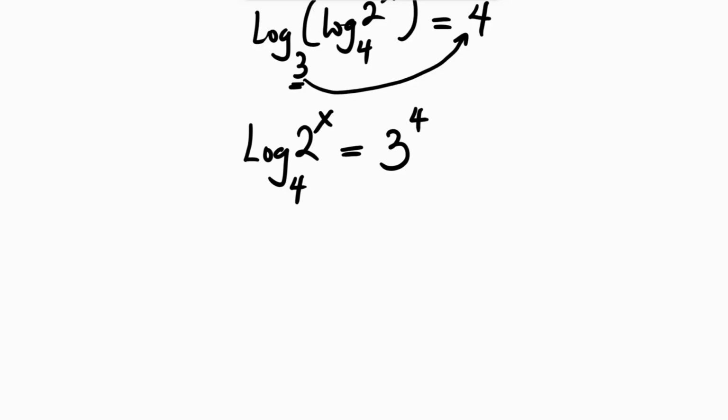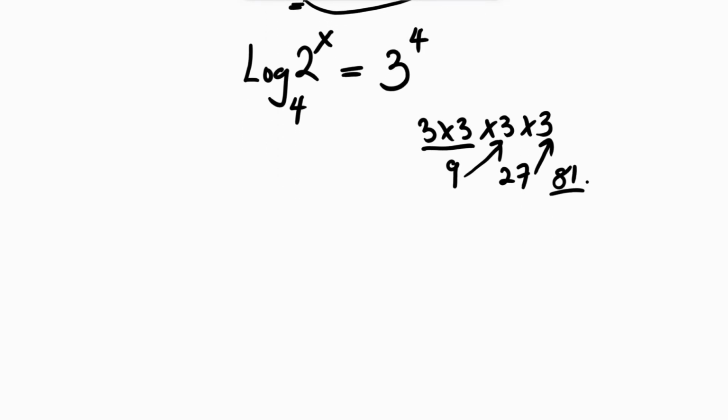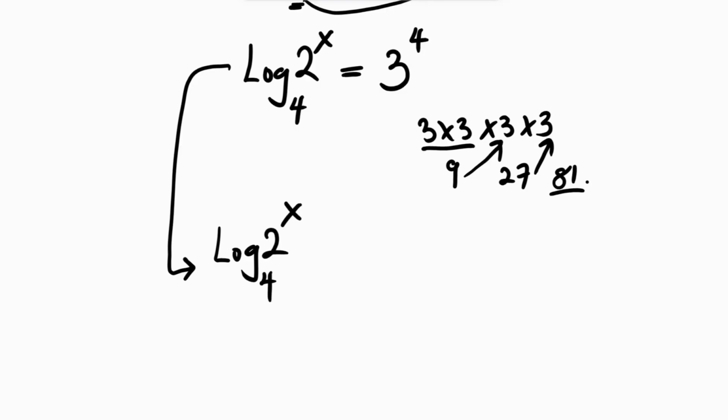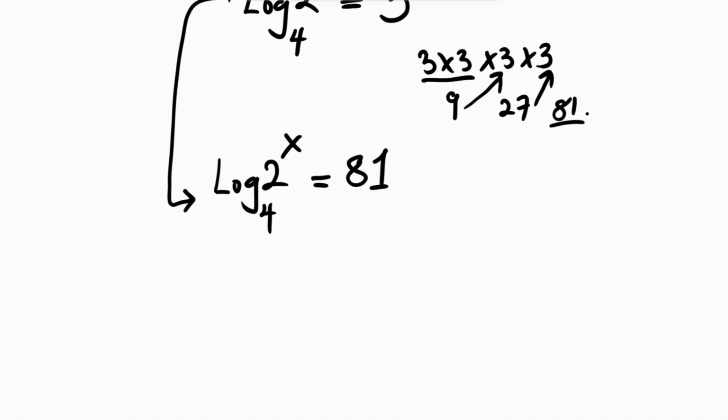Now 3 raised to power 4 is 3 times 3 times 3 times 3. 3 times 3 is 9, times 3 is 27, times 3 is 81. So now this becomes log base 4 2 raised to power x equals 81. Right. So what do we do next?